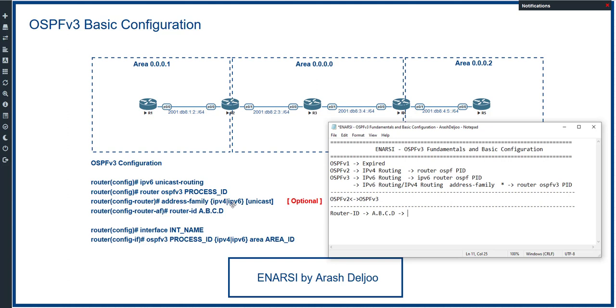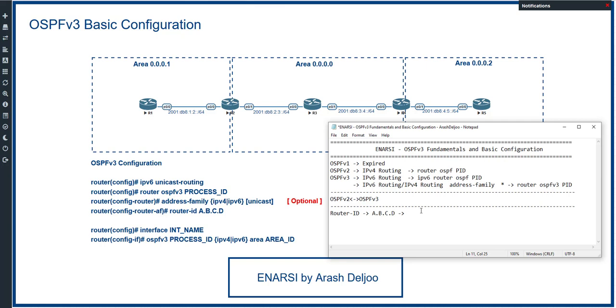Here you can see the command router-id A.B.C.D. You can configure this command under the address family IPv4 or under the address family IPv6, or if you don't configure the address family command, because this is optional, you can configure it under the router OSPF process ID. This means we are using this router ID for all of the address families.